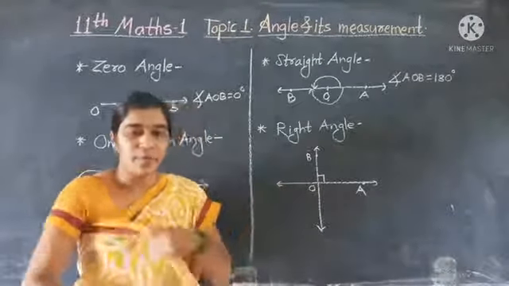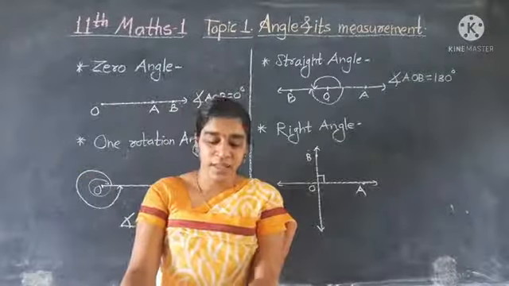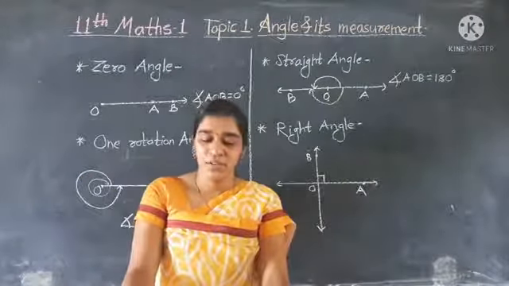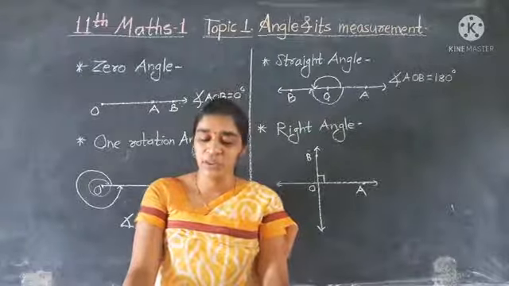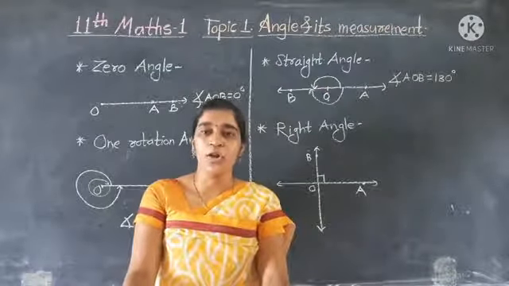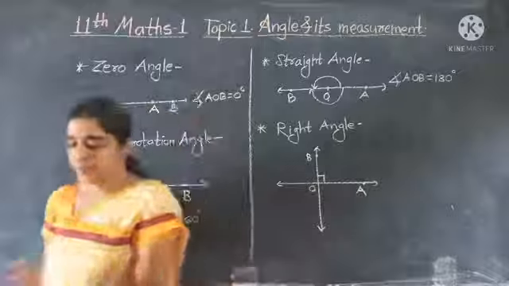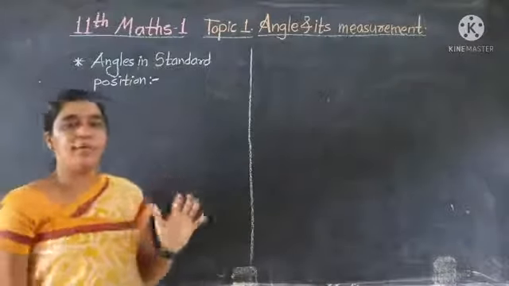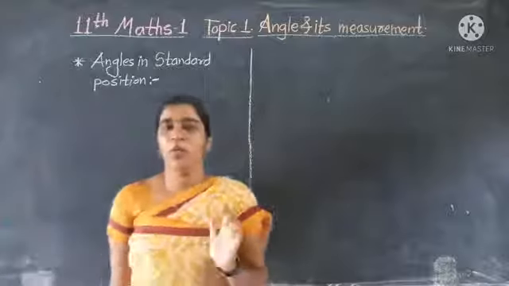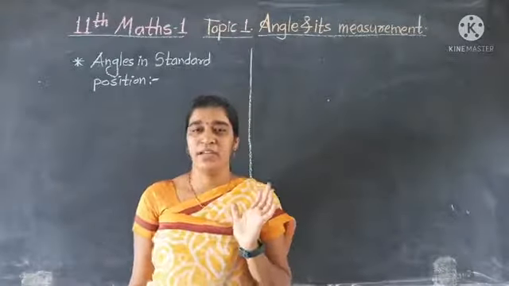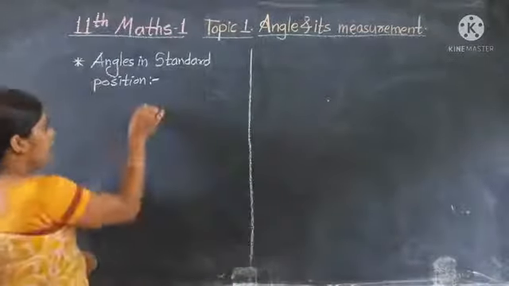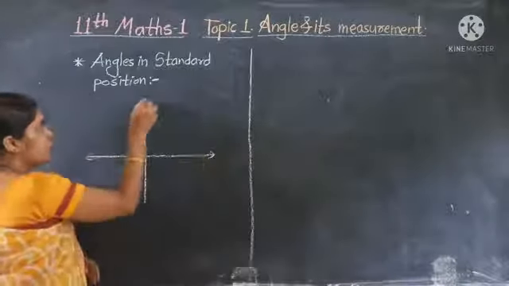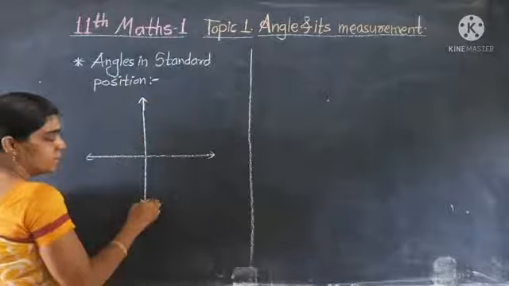Okay. Now we will see angles in standard position. Which are the angles in standard position? Angles in quadrants we will see. See student, the next point is angles in standard position. What is a standard position angle? We will see here. In our rectangular coordinate system, you know this is the coordinate system.